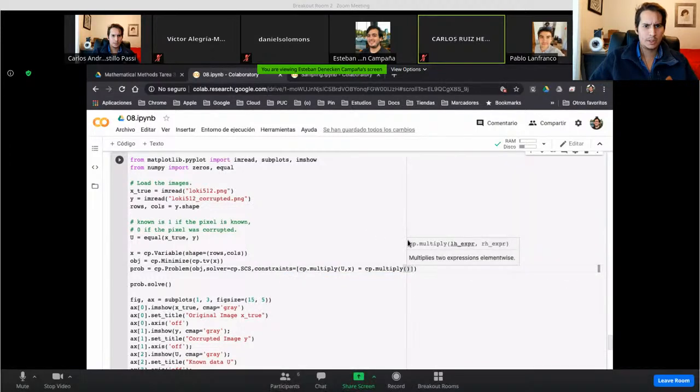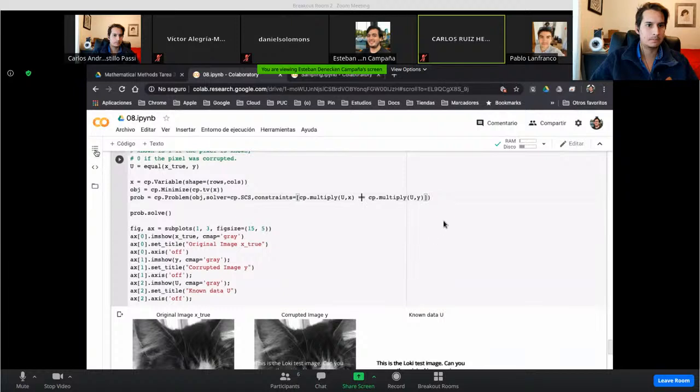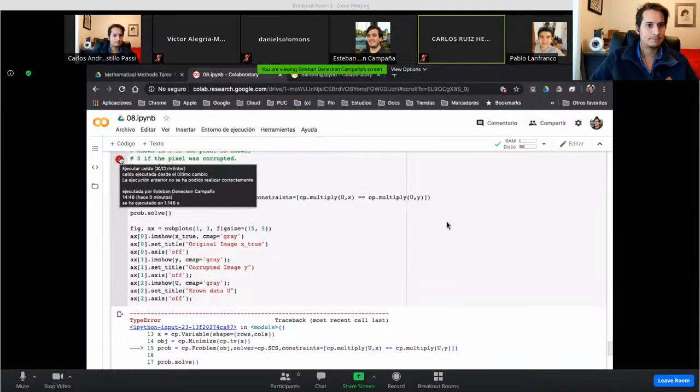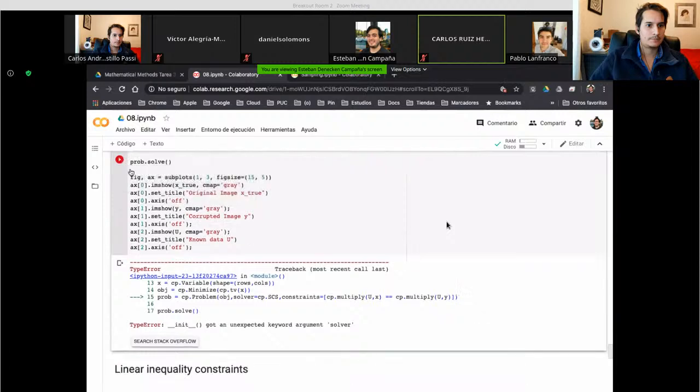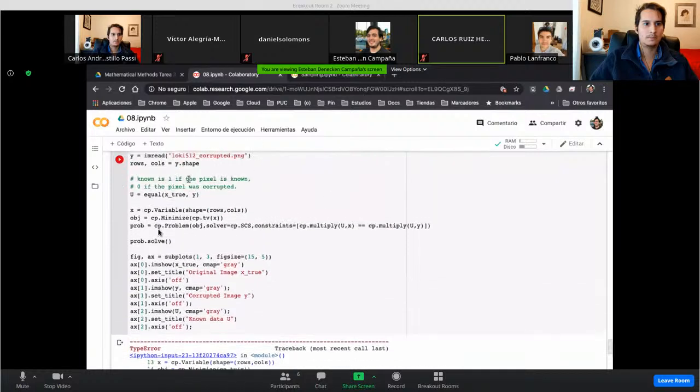And I'm not completely sure, but I think you need to put 2 equal signs. Yep. Try to run everything. Okay, so solver does not go there. Solver goes in the solve call.